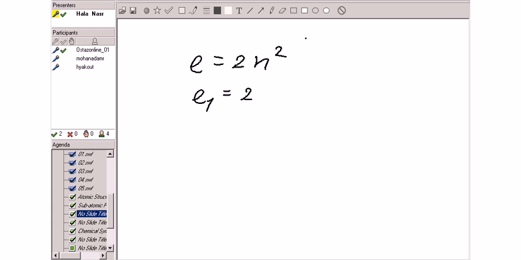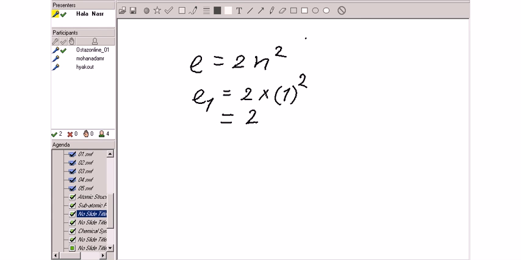It's able to carry 2 times. Now, Mr. Yaoud, can you tell me n in here? What number should I write down instead of n, as long as we're talking about the first energy level? I think 1. Very good. So instead of writing n, we'll write 1 to the power 2. Now let's do our math.